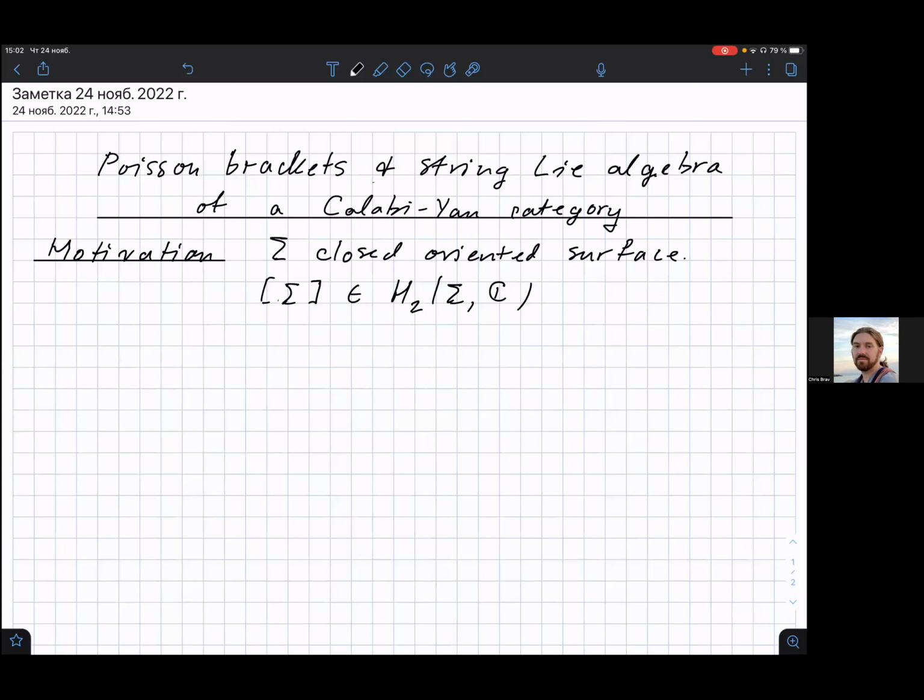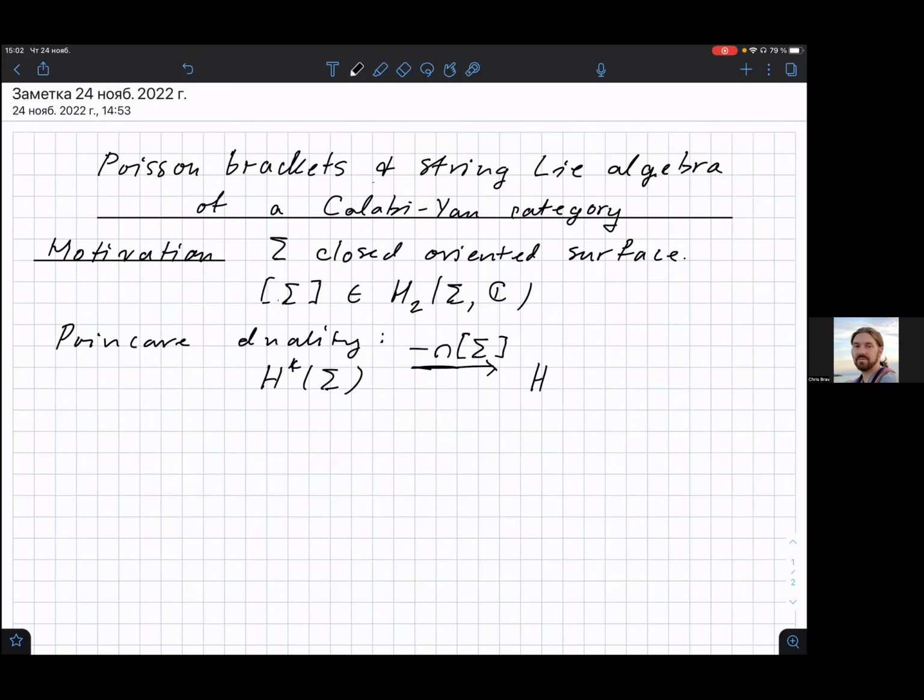And Poincare duality then, remember that it says, so one way to say it is I could look at homology of the surface that acts on homology. In particular, I can act on this fundamental class that I've chosen, this orientation.